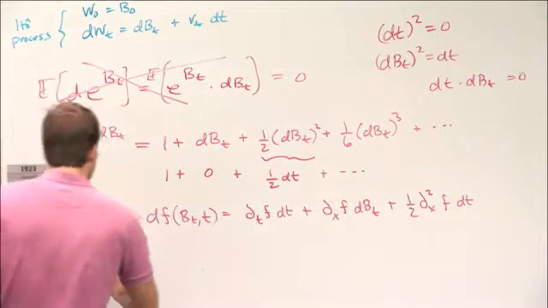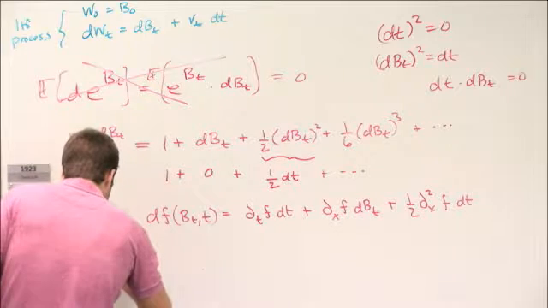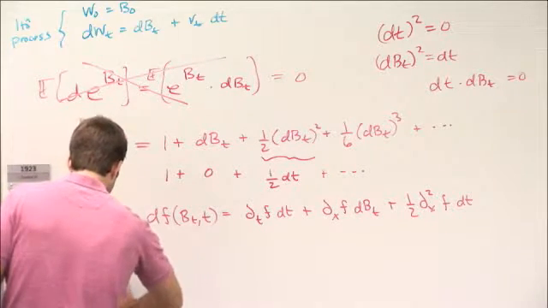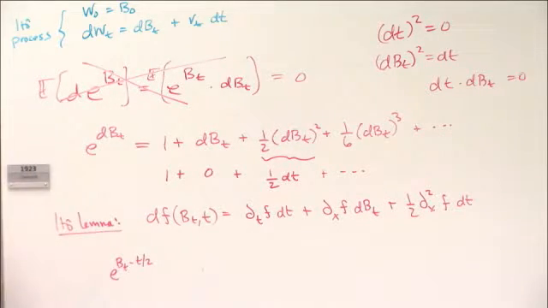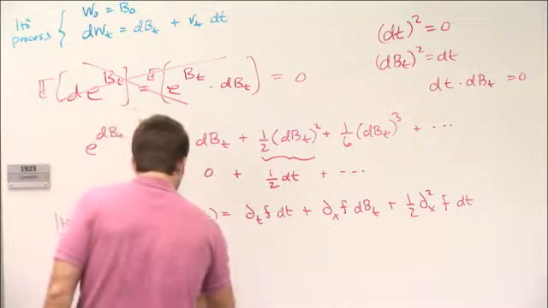As an exercise, you can see exactly what your martingale should be. If you look at e to the bt minus t over 2 and take the derivative, let's just compute what it should be.